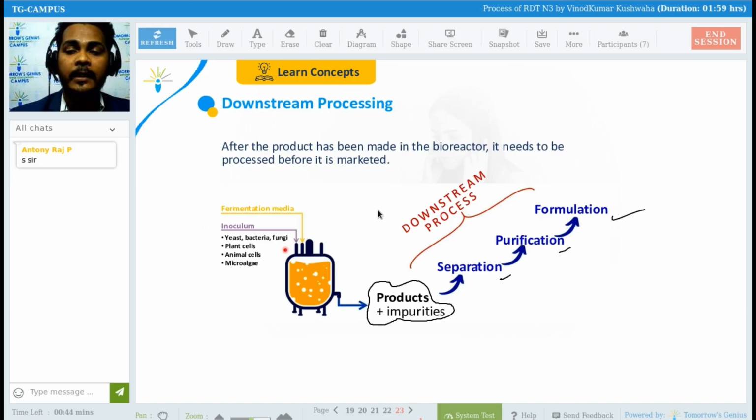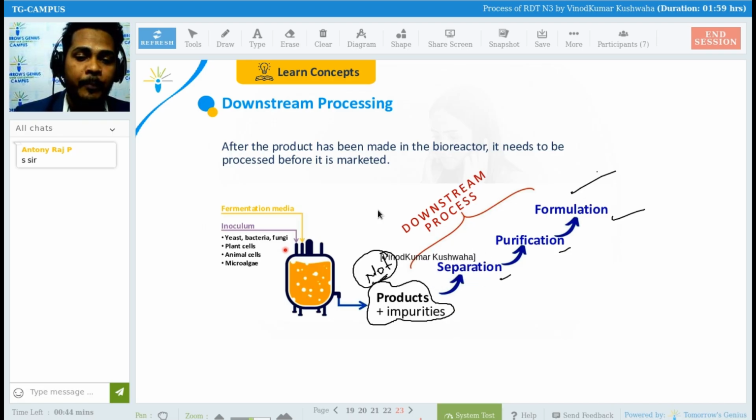And formulation is what? It is the last step for your product, and that product you can launch in the market. So after the product has been made in the bioreactor, it needs to be processed before it is marketed. You cannot directly market the product which is obtained from the bioreactor, like here. This cannot be marketed because this is an untested product. It is not a purified product.